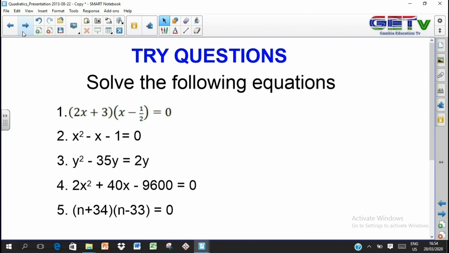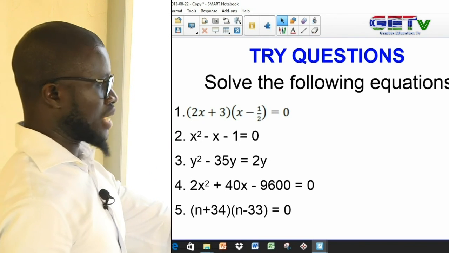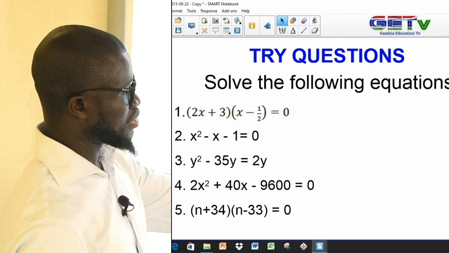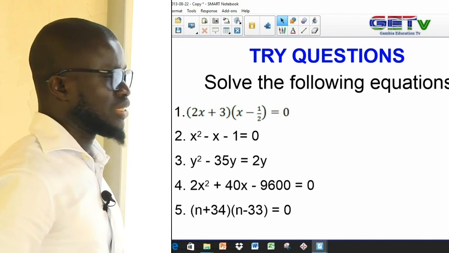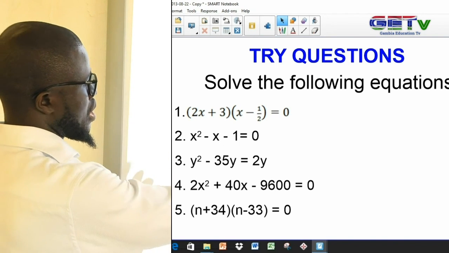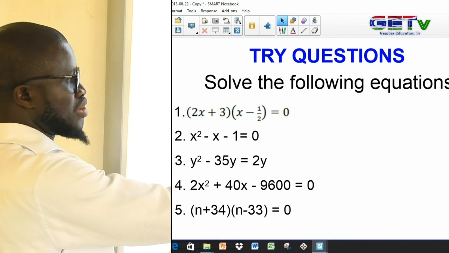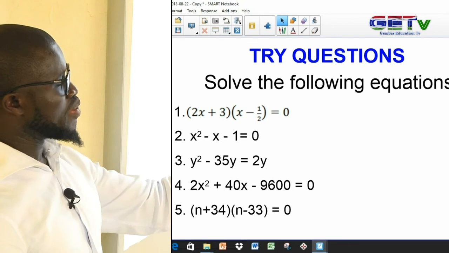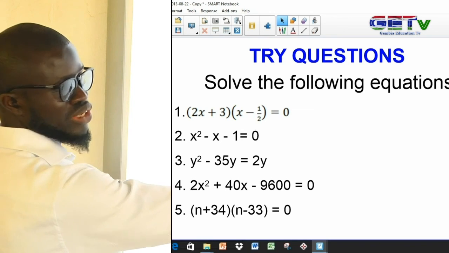The first equation is bracket open, 2x plus 3, bracket close, bracket open, x minus 1 over 2, bracket close, equals 0.